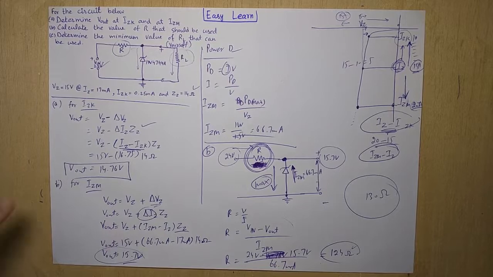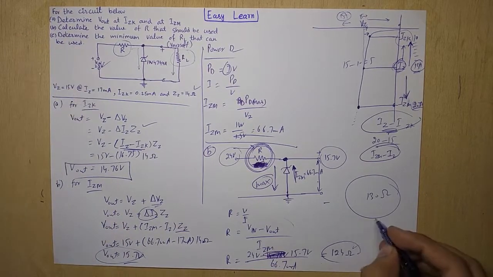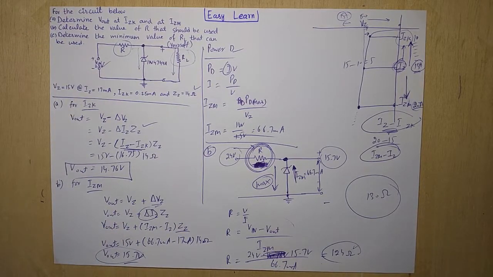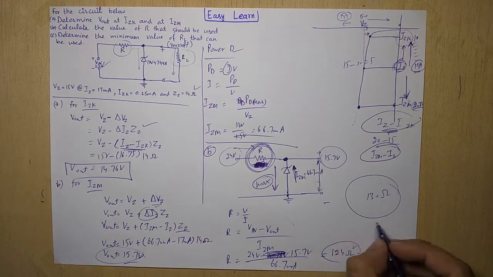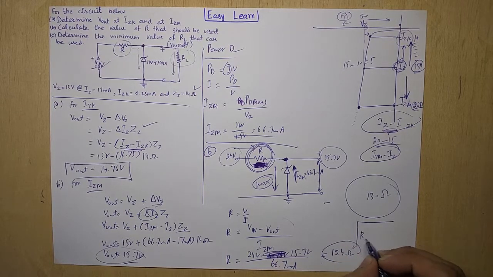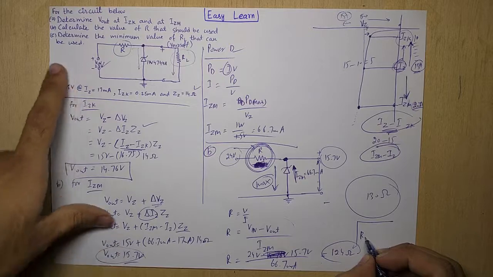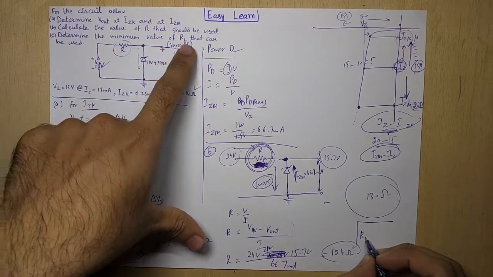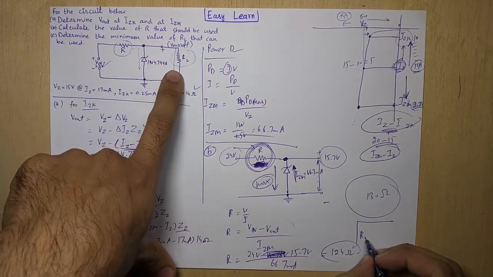Okay, but the third part is up to you. You can calculate it with the same procedure. I am going to give you a hint: the third part is to determine the minimum value of RL, meaning the maximum load.